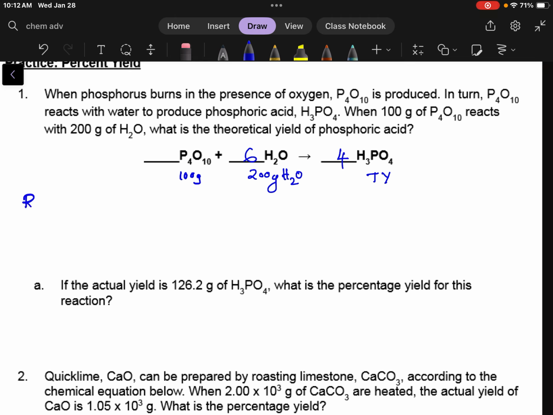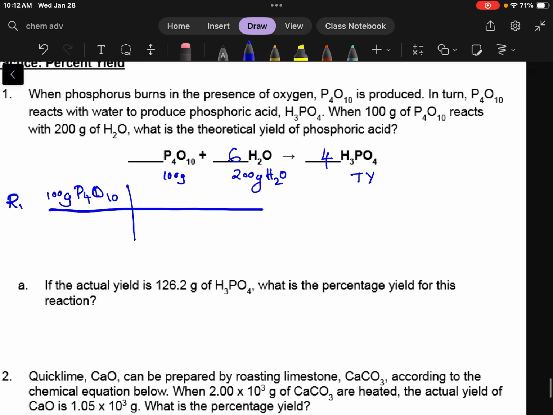Let's start from reactant 1. Start the T chart. We'll write the given, always: 100 grams of P4O10, tetraphosphorus decaoxide. You have to calculate the molecular mass. 284 grams of P4O10 is 1 mole of P4O10.